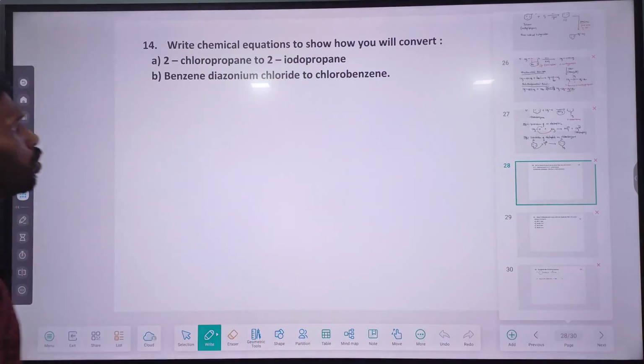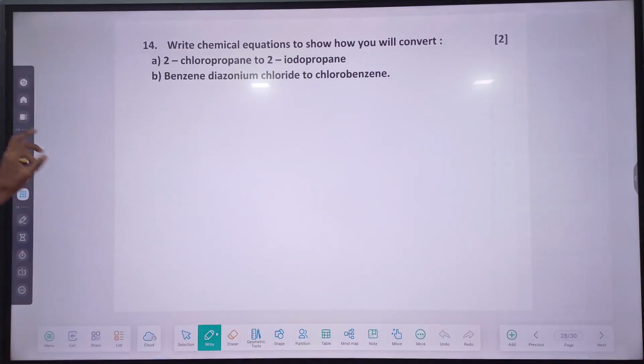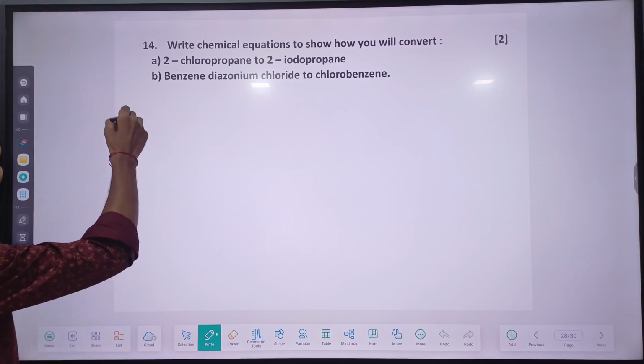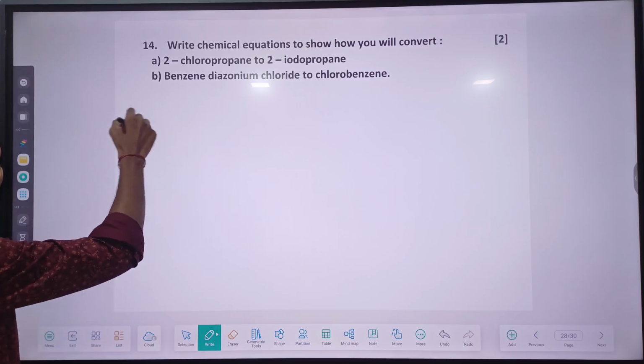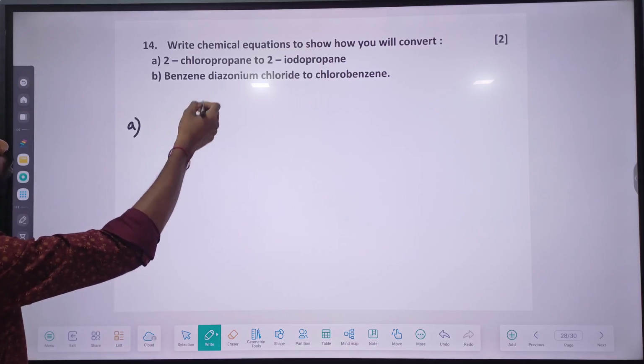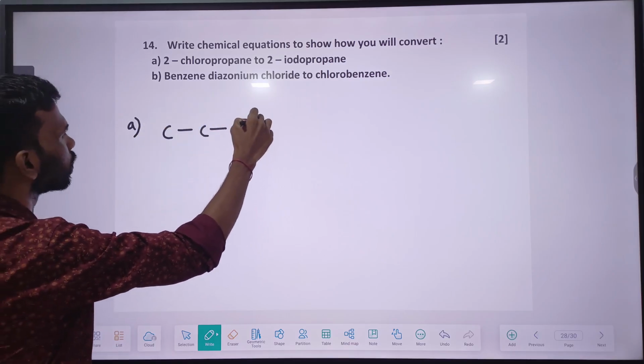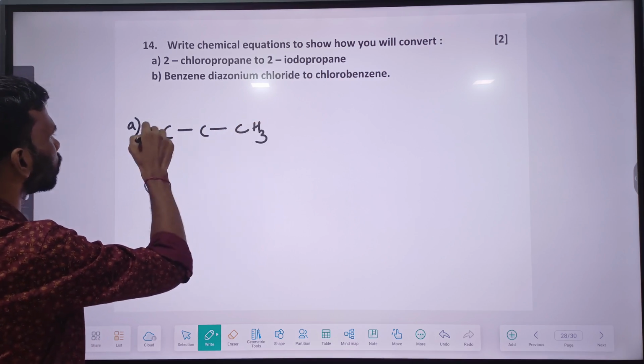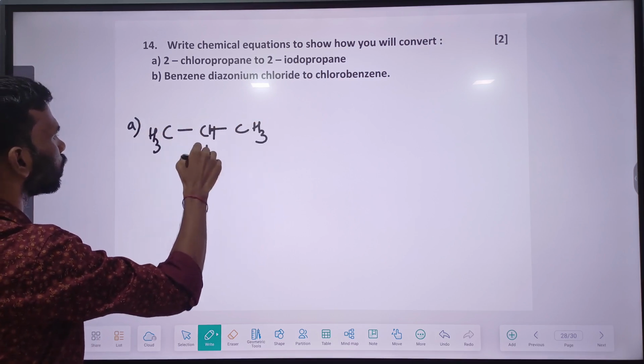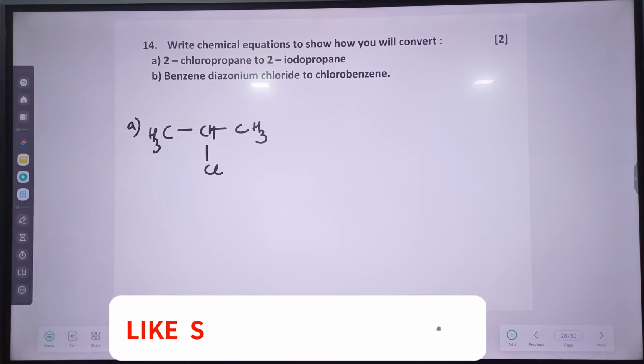Write chemical equation to show how you will convert 2-chloropropane to 2-iodopropane. 2-chloropropane is this, CH3, 2-chloropropane.